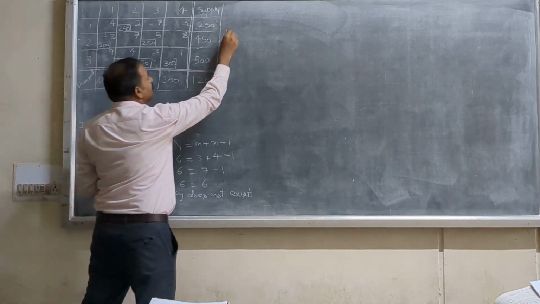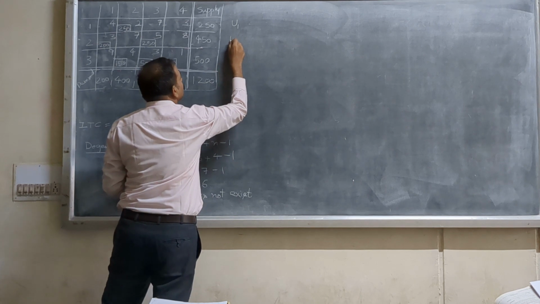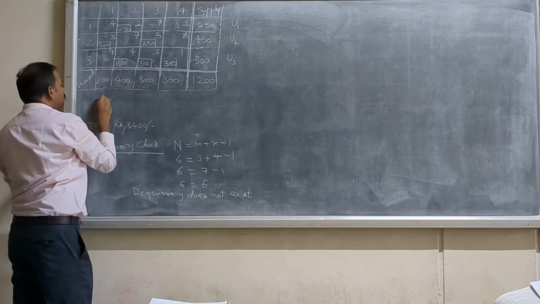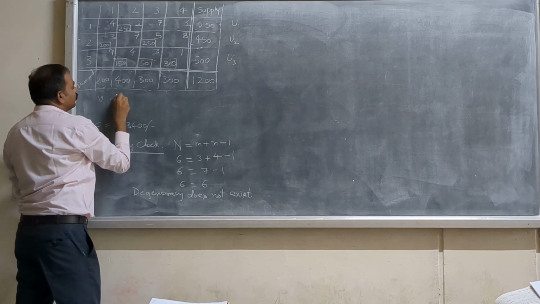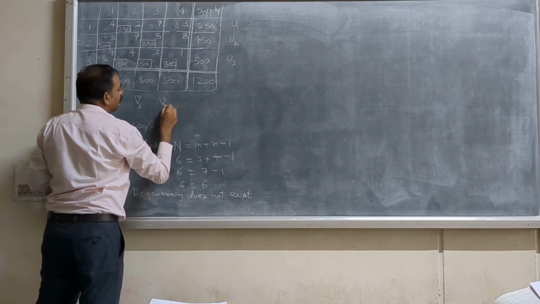Initially, I will name this. Normally, we take the rows as U's, U1, U2, U3, and the columns as V1, V2, V3, and V4.